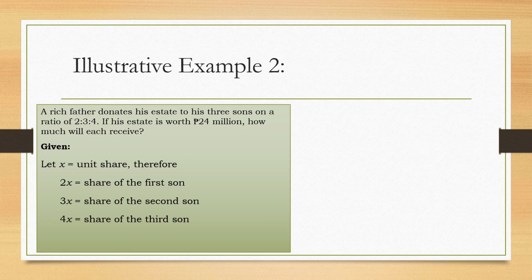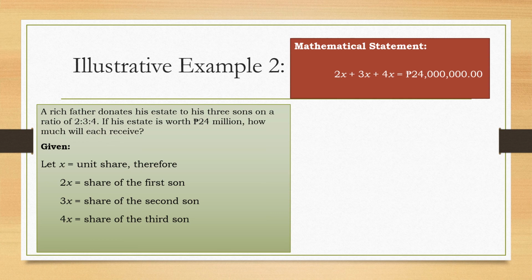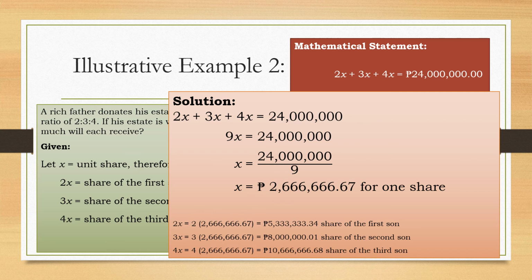So the first thing that we will do is to write this into a mathematical statement, which will lead to us writing 2x plus 3x plus 4x is equal to 24 million. Now for the solution, we are going to add all the quantities in the ratio.